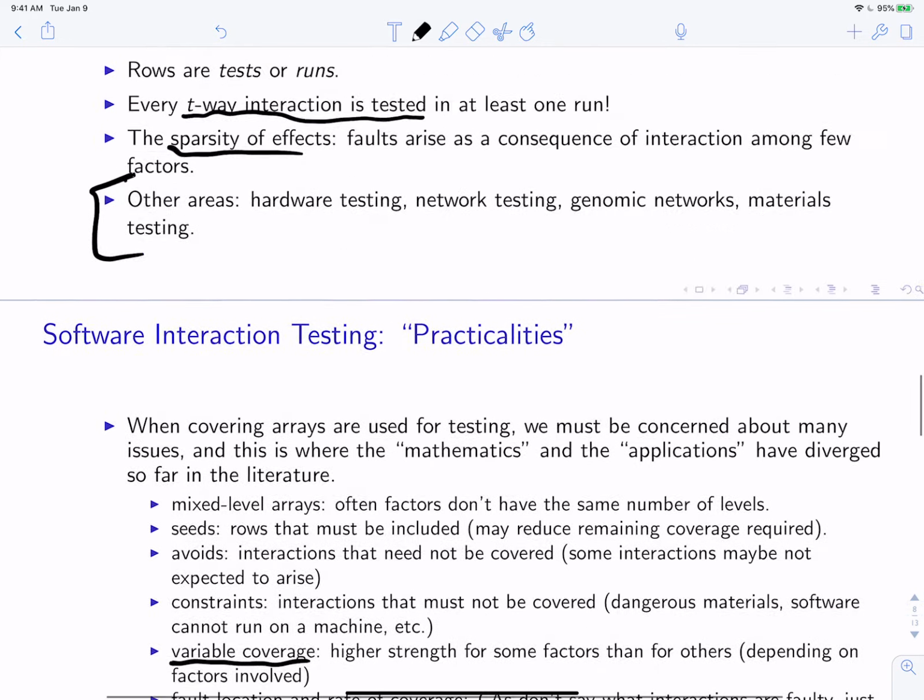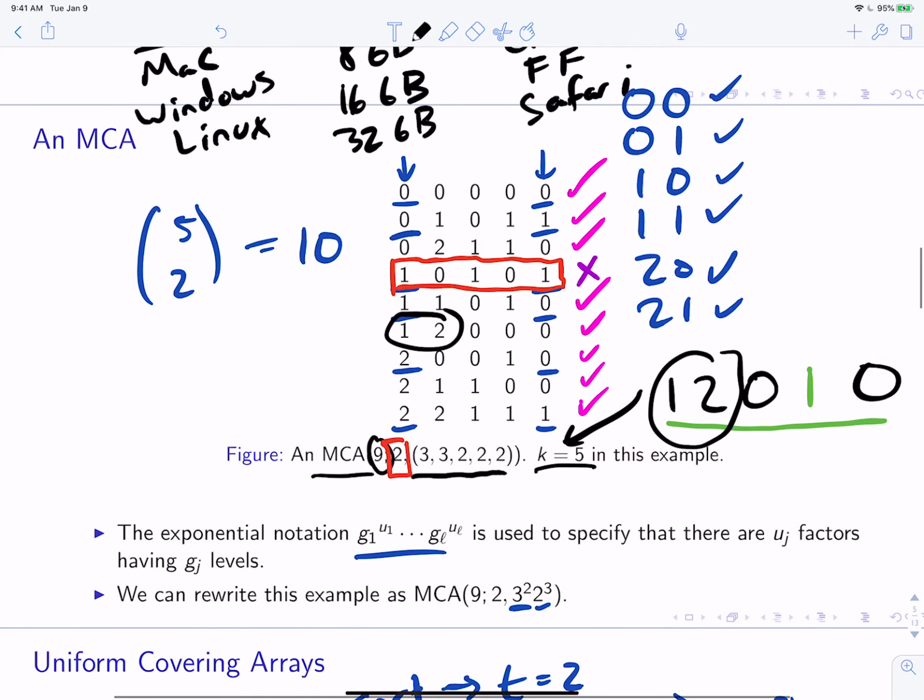But if we do have a profile, as it's called, of the tests passing and failing, then whatever interaction it is, it must live in that fourth row. But if we have multiple tests that failed, then it's actually a little bit more complicated. Because now it could be an interaction that just happened to appear in both of them, or it could be two different interactions, one that appeared in one and one that appeared in another.